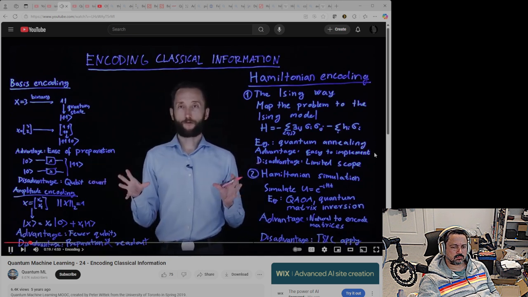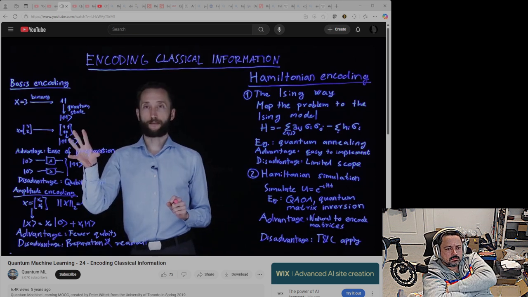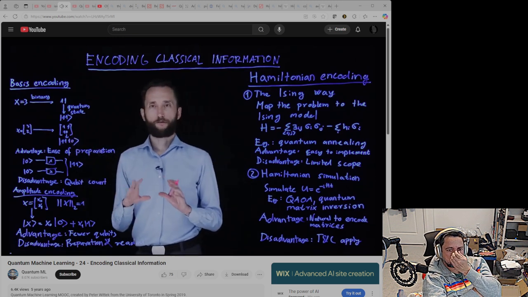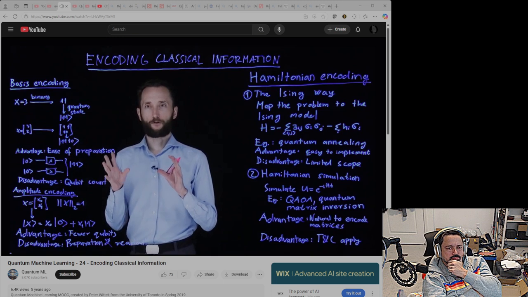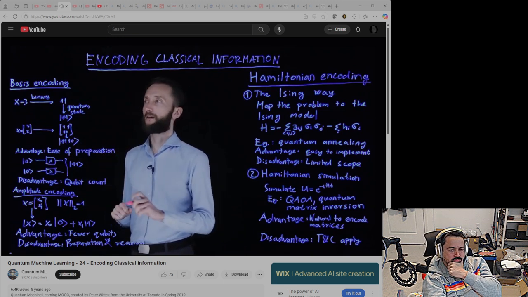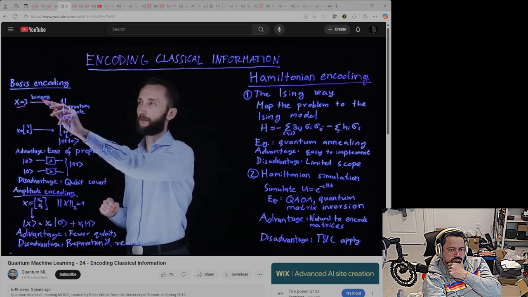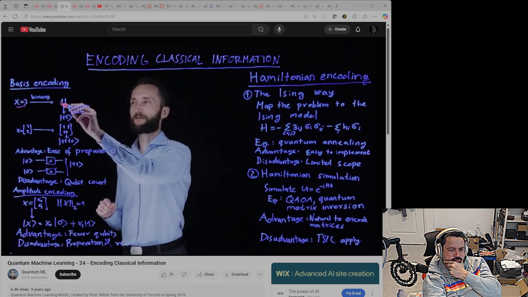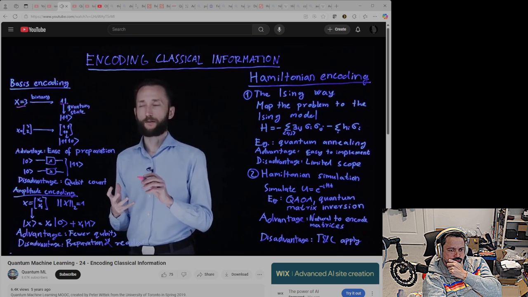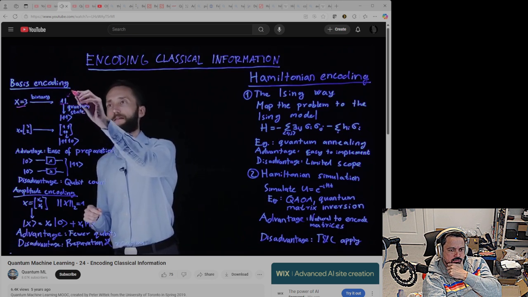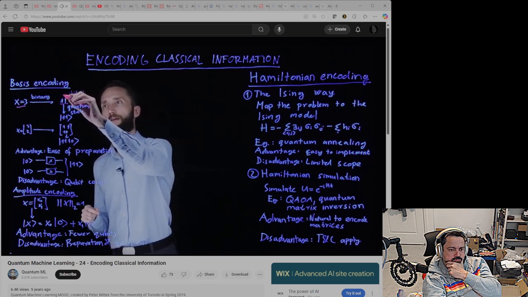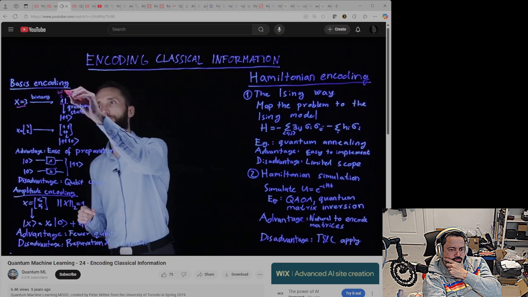The easiest thing to do is something called basis encoding. In this case, you don't do anything different from what you do on a digital computer. Say you have the number 3 that you would like to encode, then you would write it as a binary. This will be the representation of digital computing, where this is bit 0 and this is bit 1.